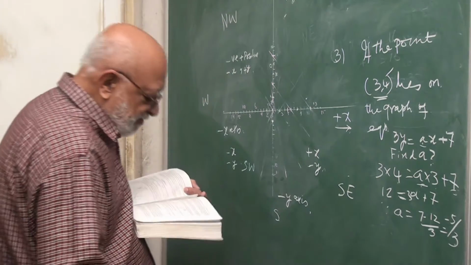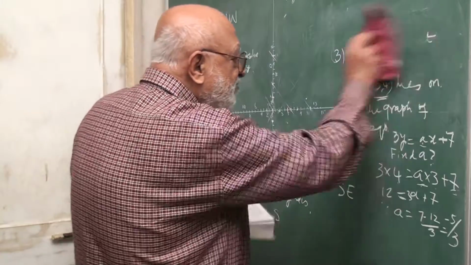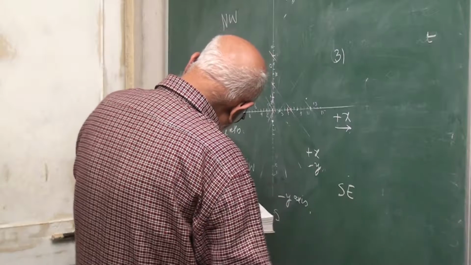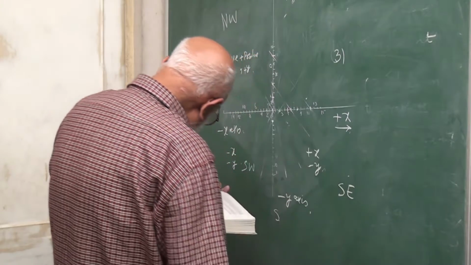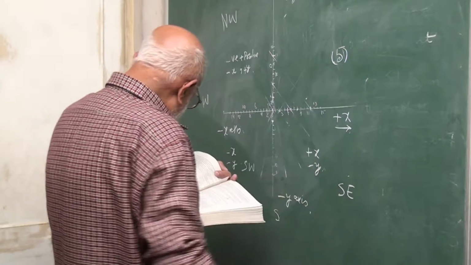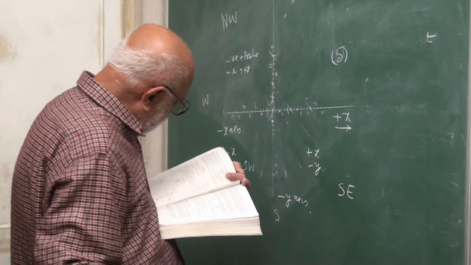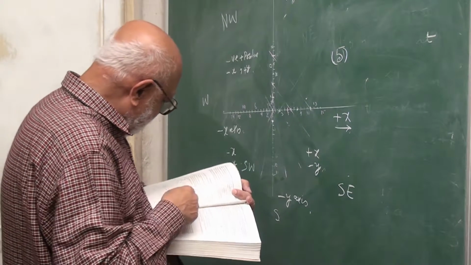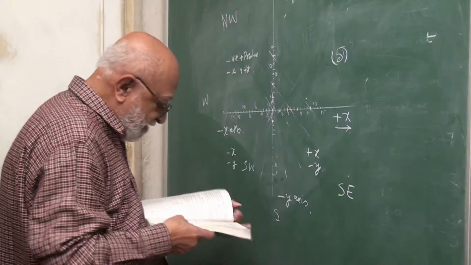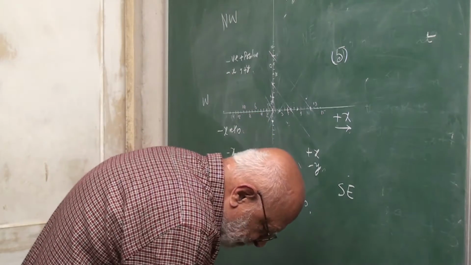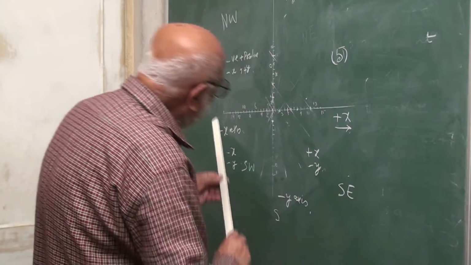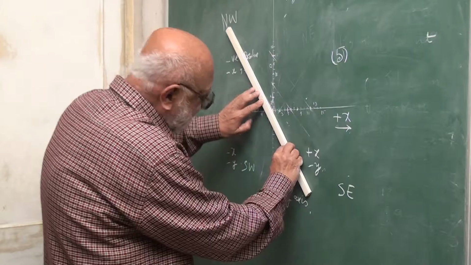Okay, now question number 4. What does question number 4 say? It gives a number of graphs. Question number 4 I have said we have already done. This is question number 5. Question number 5 says choose, they have given one graph, and this graph shows again a similar type of conjugate points. So now you should not have any difficulty. Anyway, I am going to draw the line that has been given in the book.